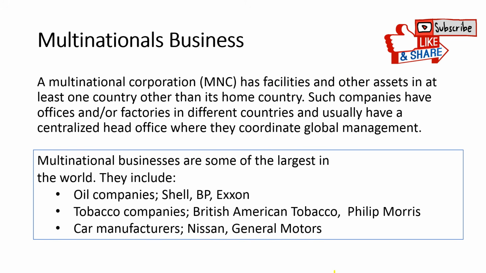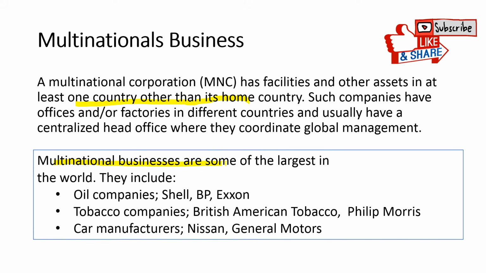So now we are going to talk about multinational businesses so you understand what they are. A multinational corporation, also known as an MNC, has facilities and other assets in at least one country other than its home country. Such companies have offices and/or facilities in different countries and usually have a centralized head office where they coordinate global management.